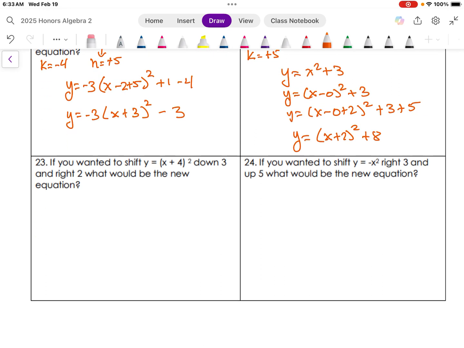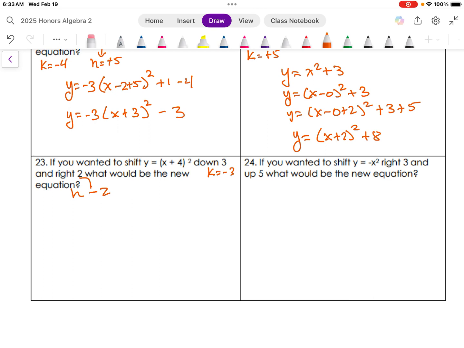If you wanted to shift that equation down 3, so k, I'm going to subtract 3 from it. And then go right 2. So right 2 means I subtract. So I have to subtract 2. And I should always have those little h minus 2.